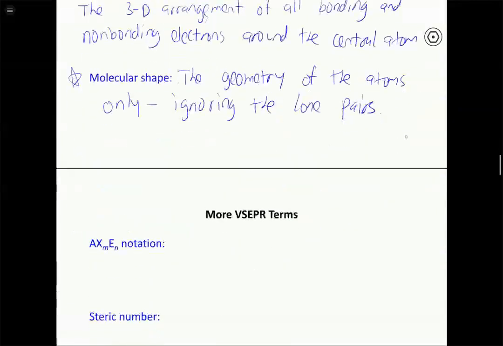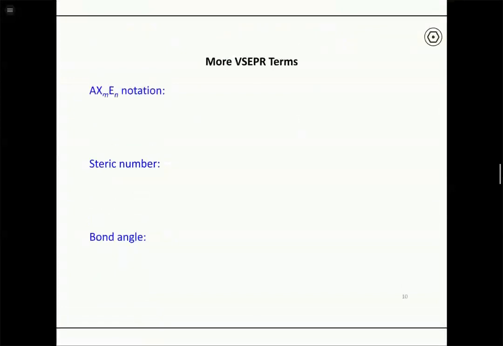So some more VSEPR terms that are sometimes helpful, and you may have learned in your previous lives as undergraduate chemistry students. We have what's called the AXE notation. This is a way of abbreviating all the possible structures for main group molecules, where A is the central atom. And we're going to primarily use this approach for molecules that have one well-defined central atom.